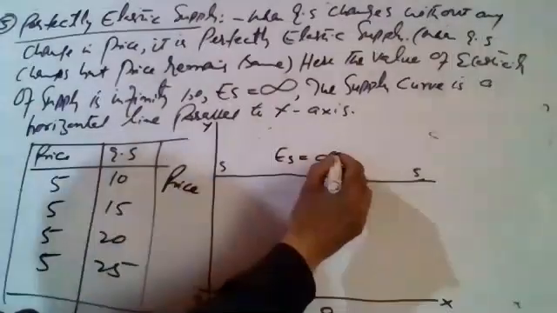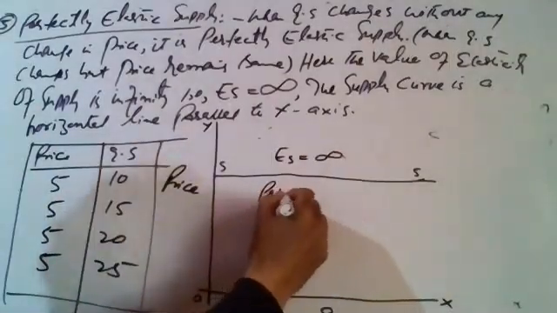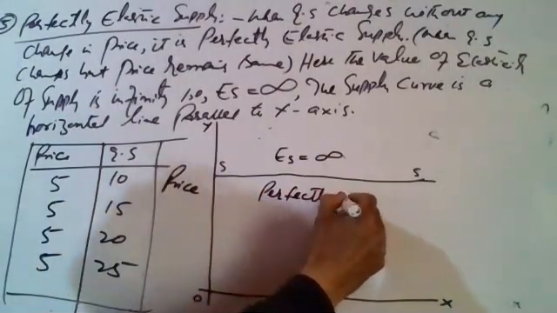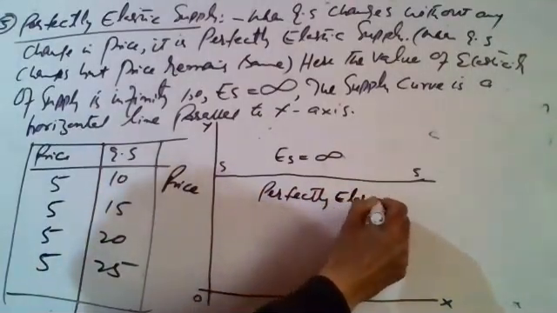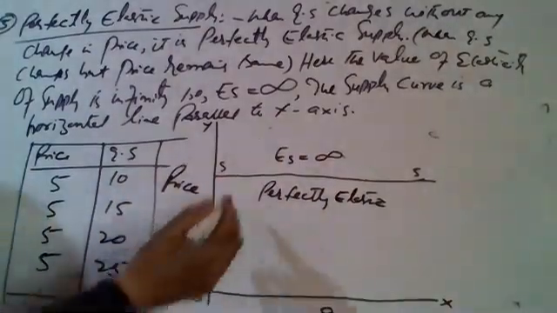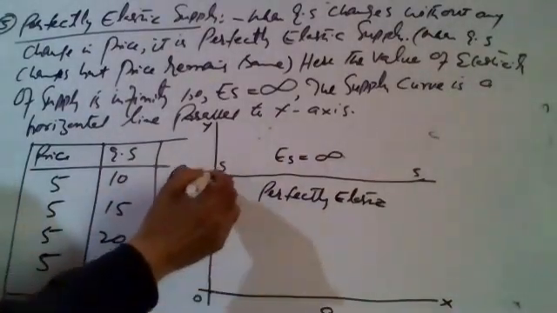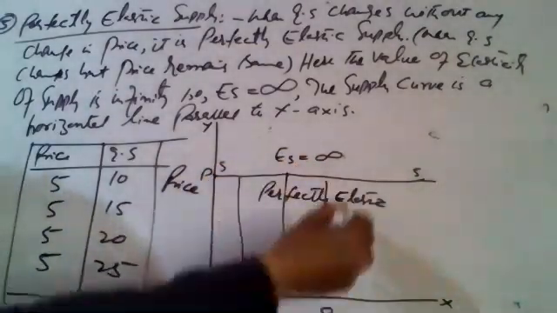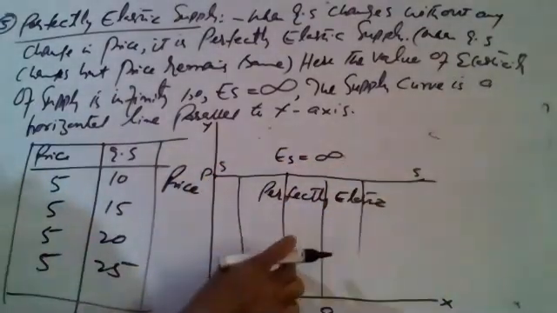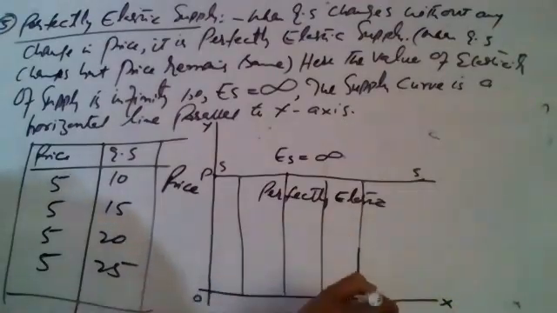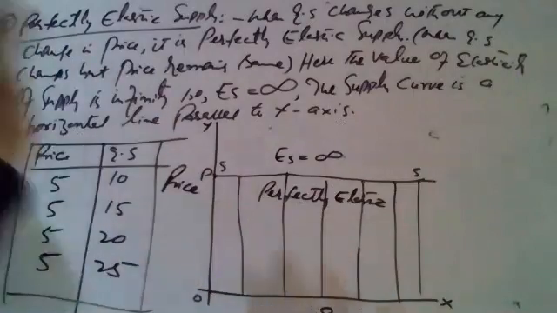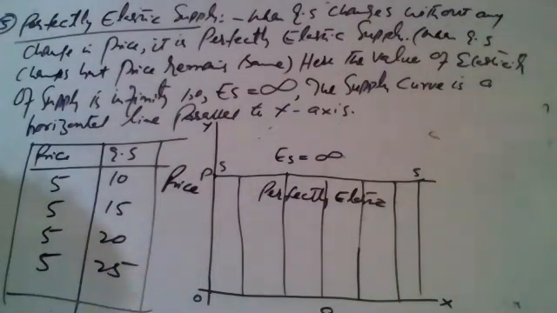This is perfectly elastic supply. For example, at a price of P, supply increases, but price stays the same.